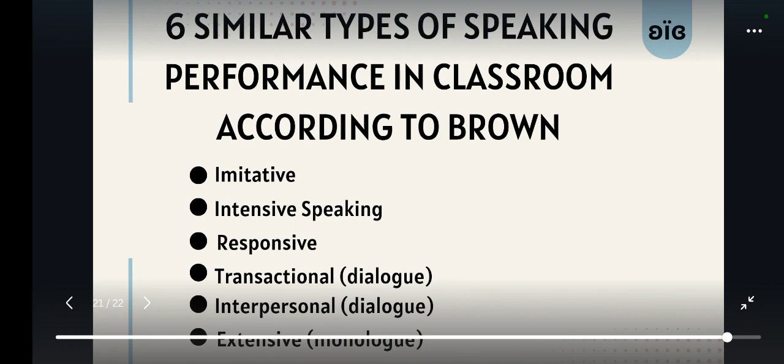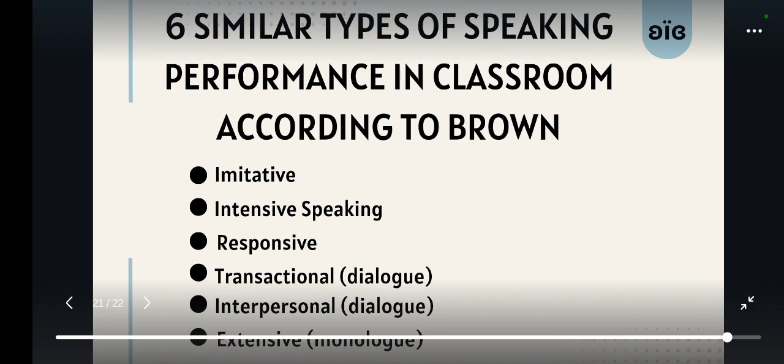The last speaking performance activity in the classroom that could be used to develop speaking skills is the extensive. Finally, students at intermediate to advanced level are called on to give extended monologues in the form of oral reports, summaries, or perhaps short speeches.